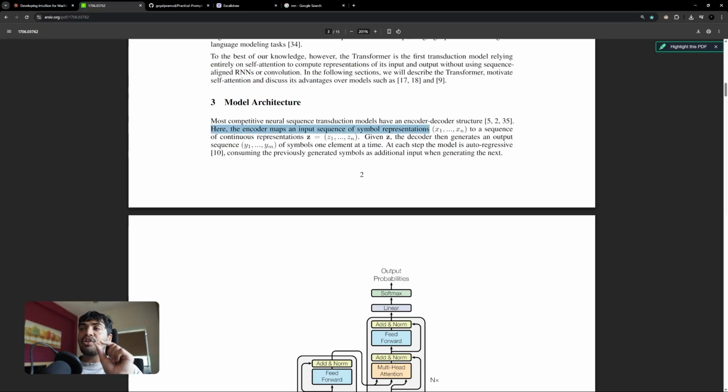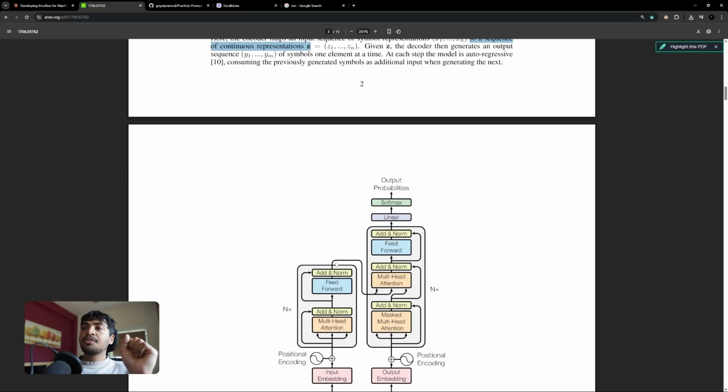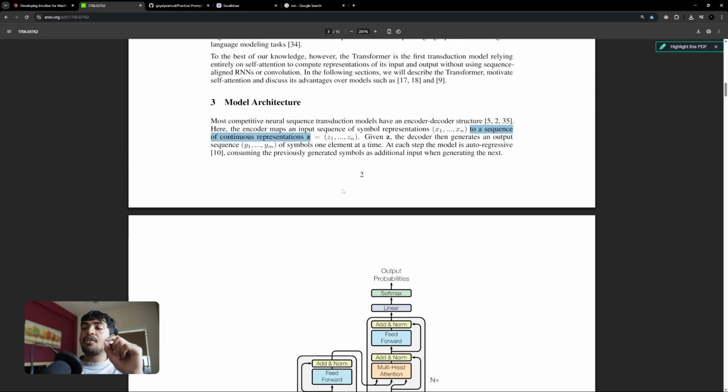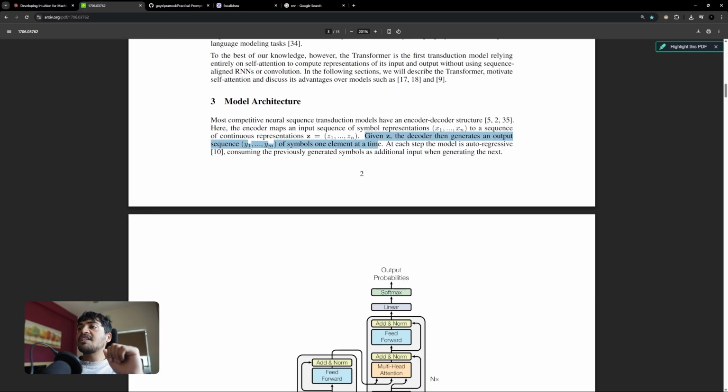There's a process called tokenization, but for simplicity's sake, we'll just use words, to a sequence of continuous representations. So the output that comes out of the encoder is called the continuous representation, and that is Z. So Z1, Z2, and up to Zn. Given Z, the decoder then generates an output sequence Y1 to Ym of symbols, one element at a time.